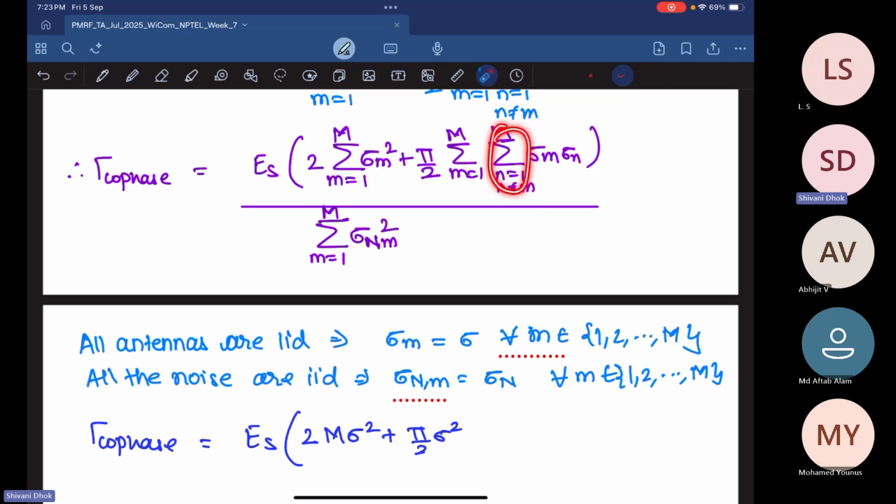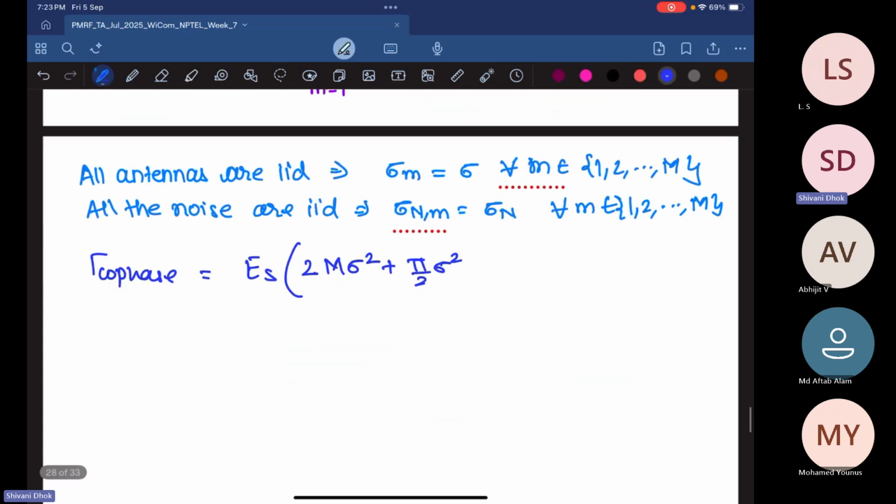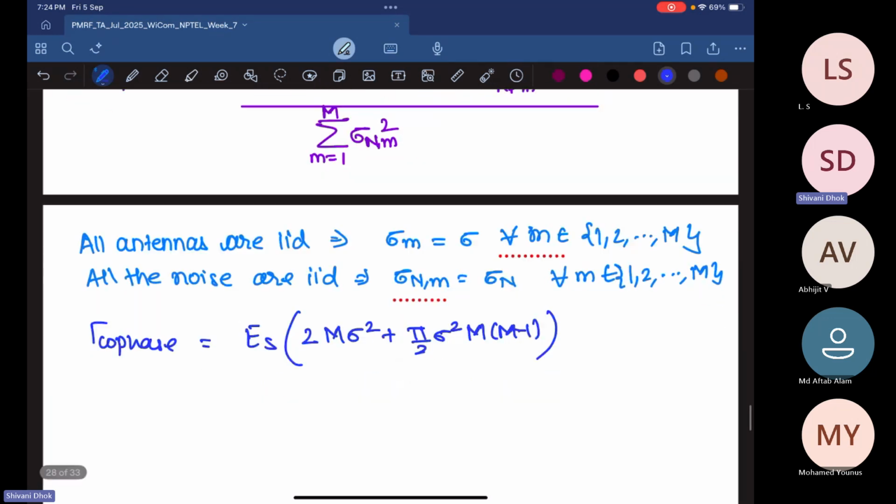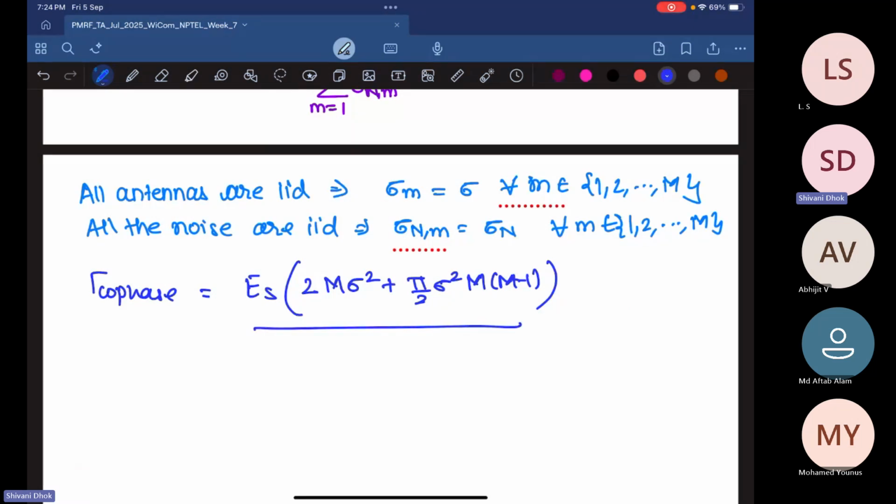So this summation basically has m minus 1 terms, and these m minus 1 terms are inside another summation which has m terms. So therefore the total terms in this particular summation are m into m minus 1. So you have m into m minus 1 divided by m into sigma nm square.